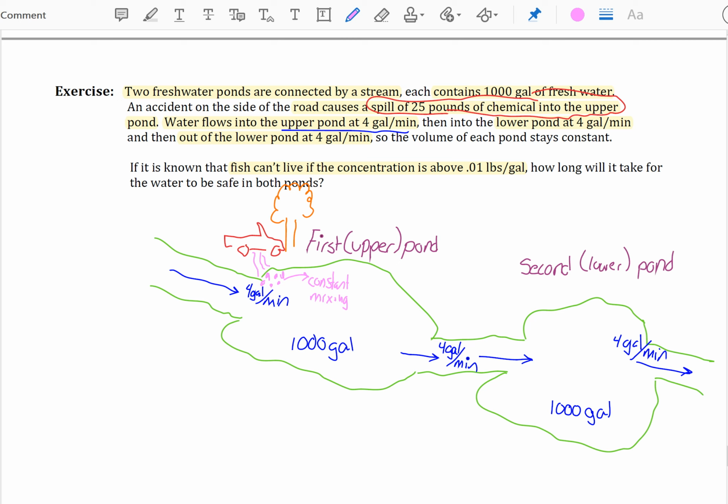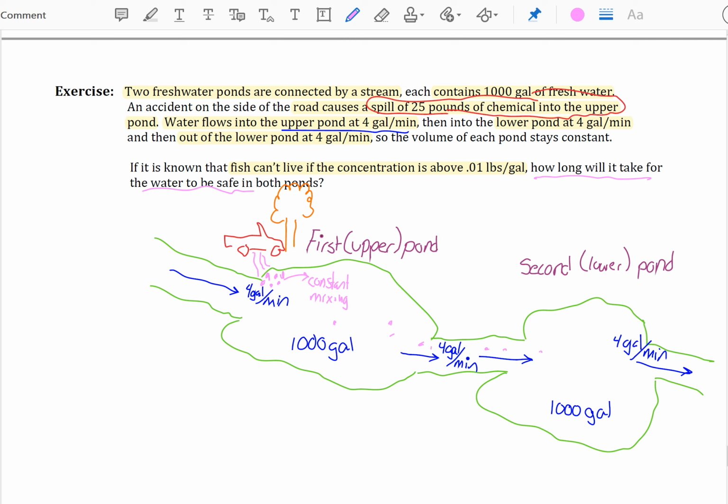Our question is, how long will it take for the water to be safe in both ponds? Now, I think we should acknowledge that when the chemical goes into the first pond, it will slowly start to mix around, and then it'll eventually start to travel into the second pond.